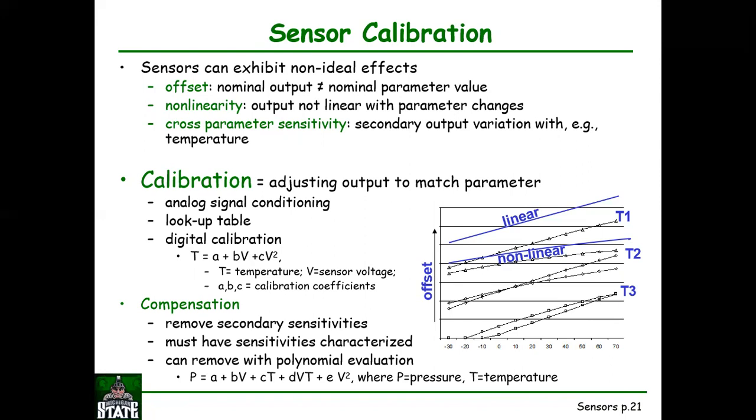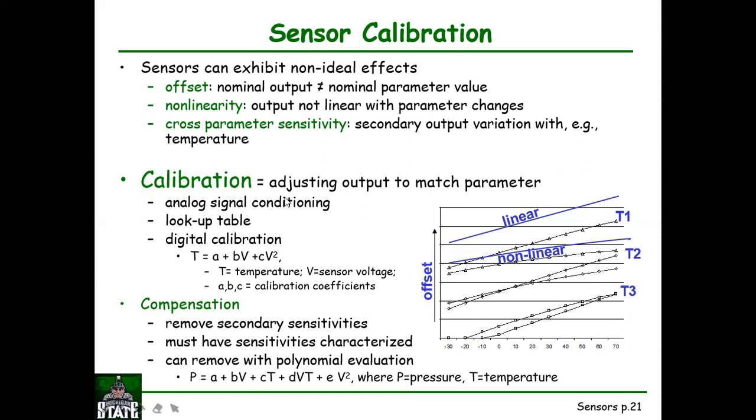Non-linearity: you are changing your parameter, and corresponding to that parameter you are not getting the desired output. So that is your non-linearity. Cross parameter sensitivity means, now your temperature sensor output is getting affected by other parameters also, apart from temperature. So that is your cross parameter sensitivity.